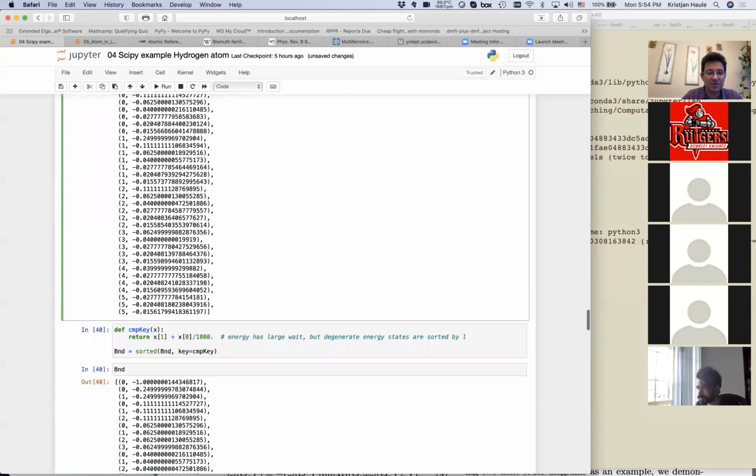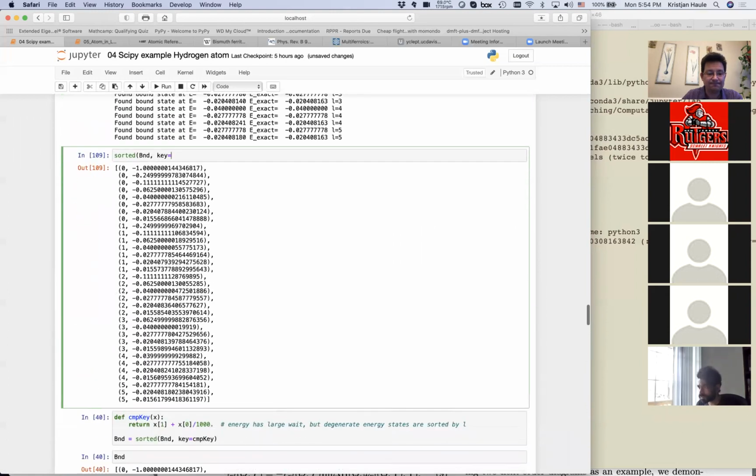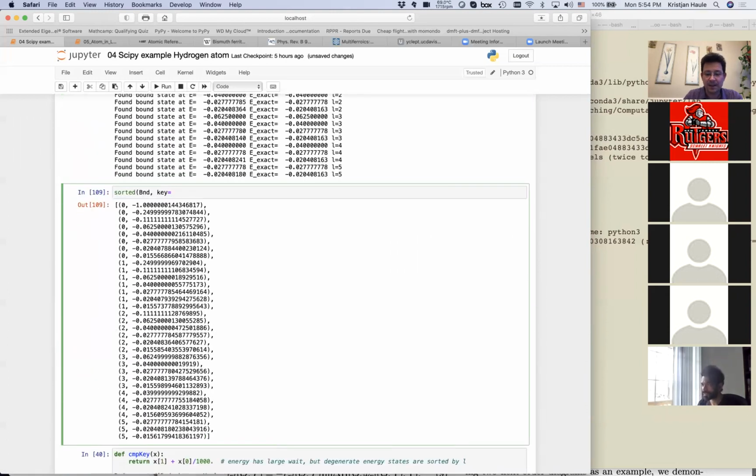Key is equal to lambda x of 0. Yeah. Okay.